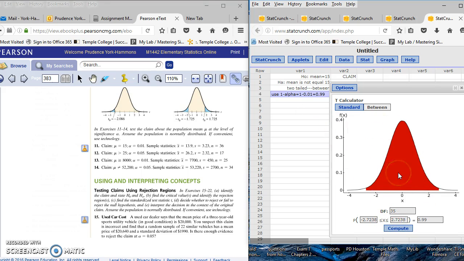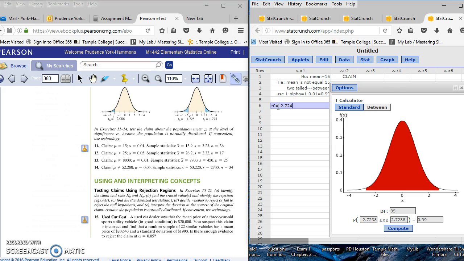Now remember that when we use the between, the two-tailed, my rejection regions are actually here on the left and on the right. They were t sub O's, and I apologize that in the last one I told you t sub critical, but the book uses t sub O. So in this case we have a negative 2.724.